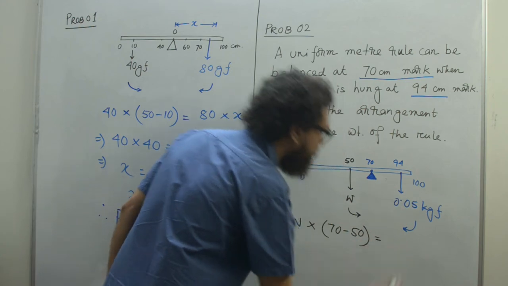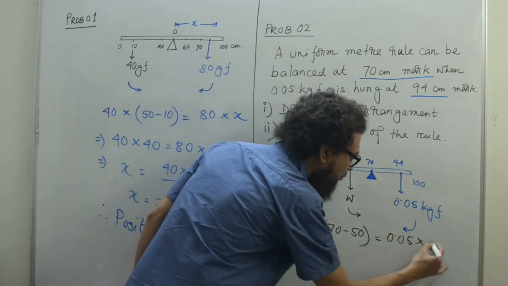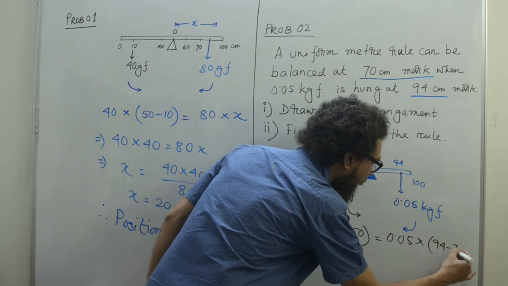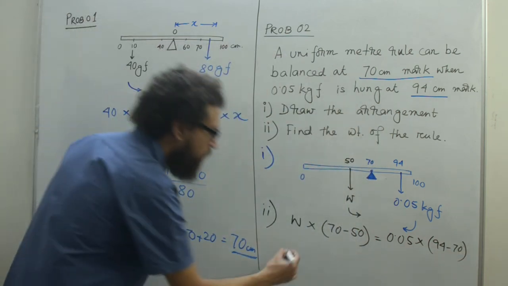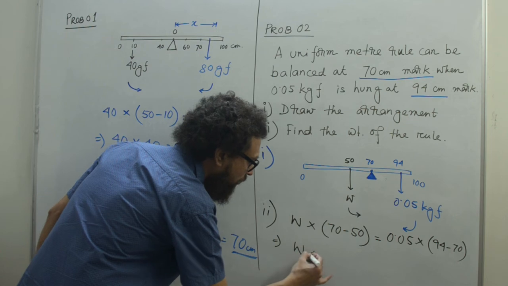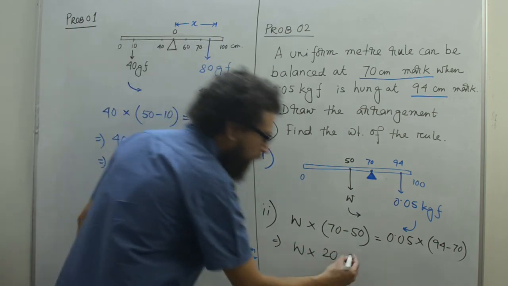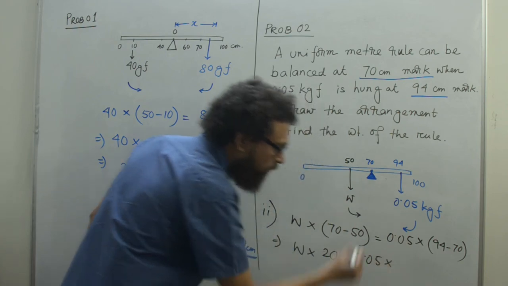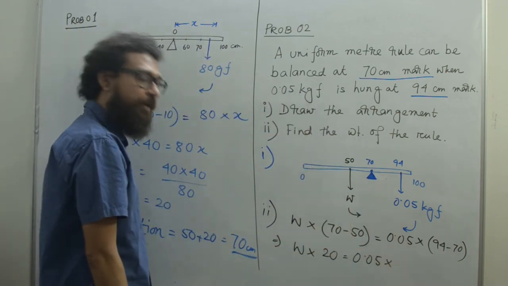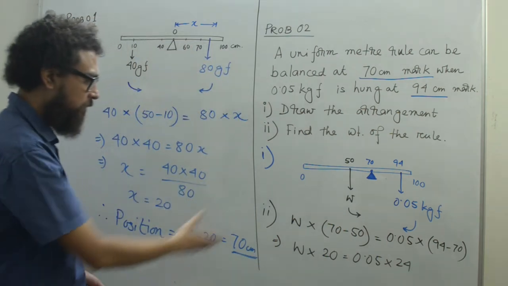Great, equals to, I am going to write, 0.05 into 94 minus 70. Sure, great. So what is coming? W into 20 is equal to 0.05 into how much? 24. So easily you can now solve this.